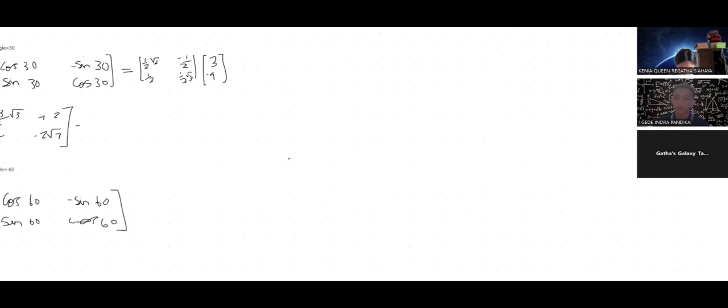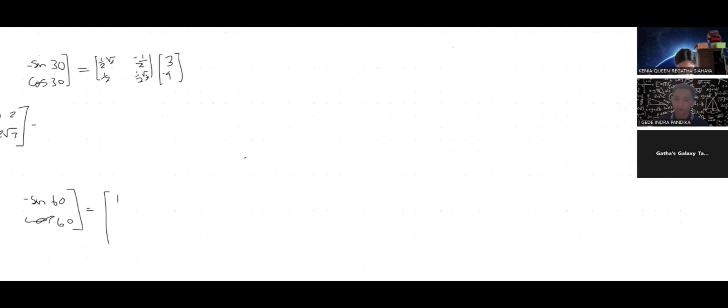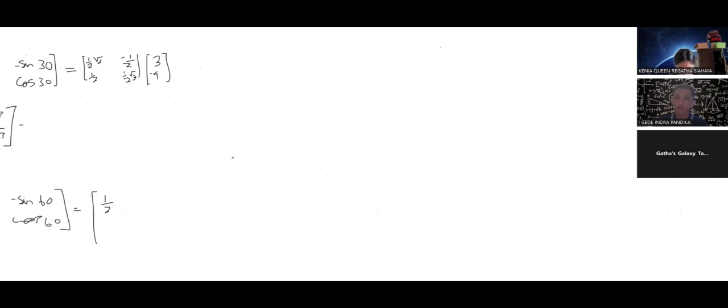Okay, so the value of cos 60 is 1/2, and the value of minus sin 60 is minus 1/2 cross root of 3.